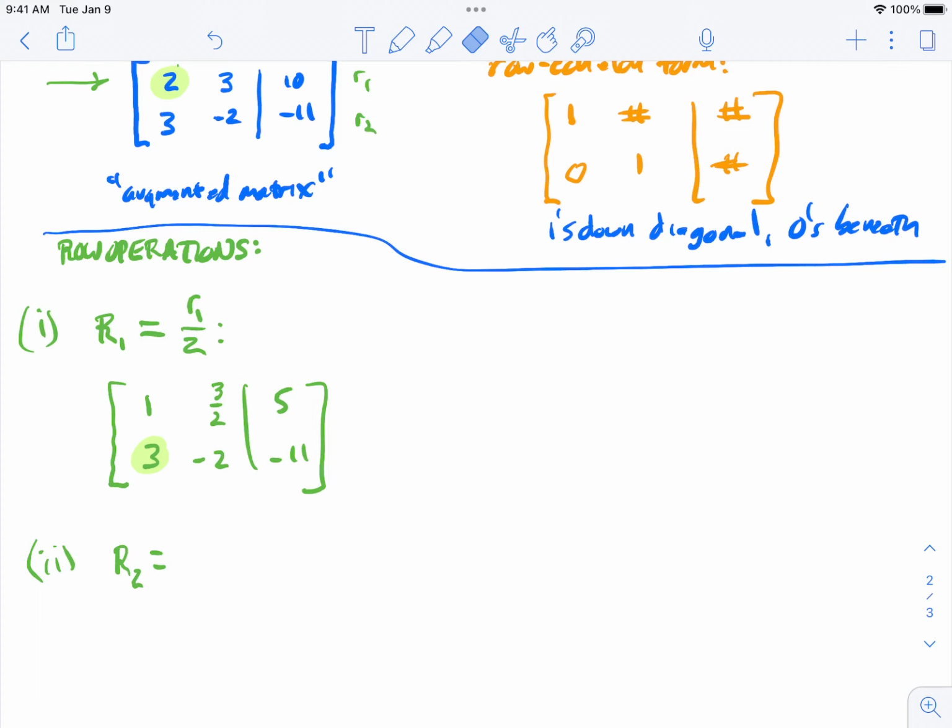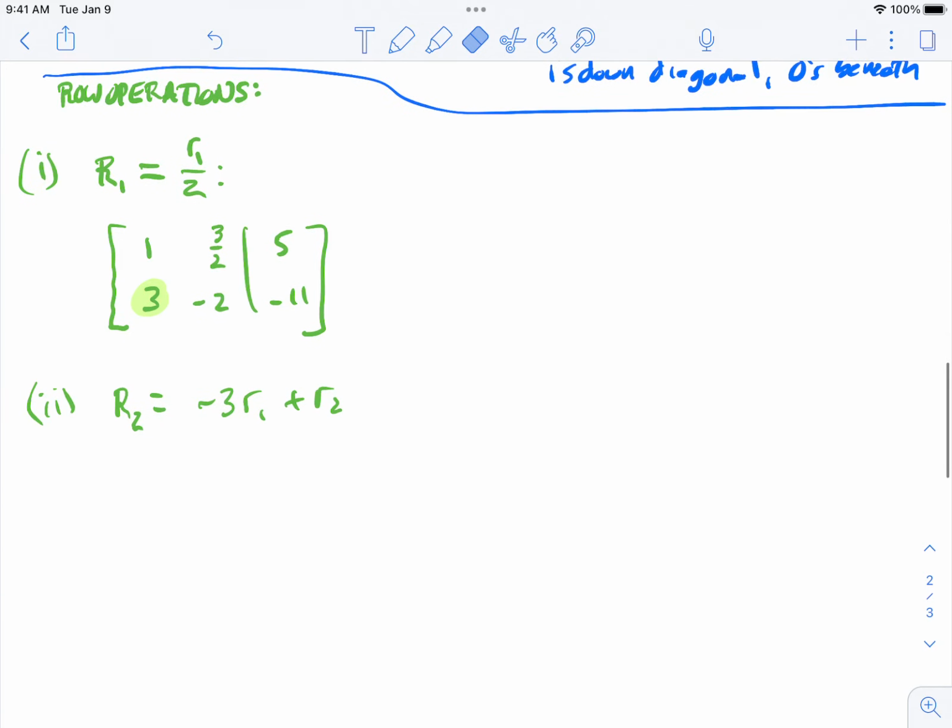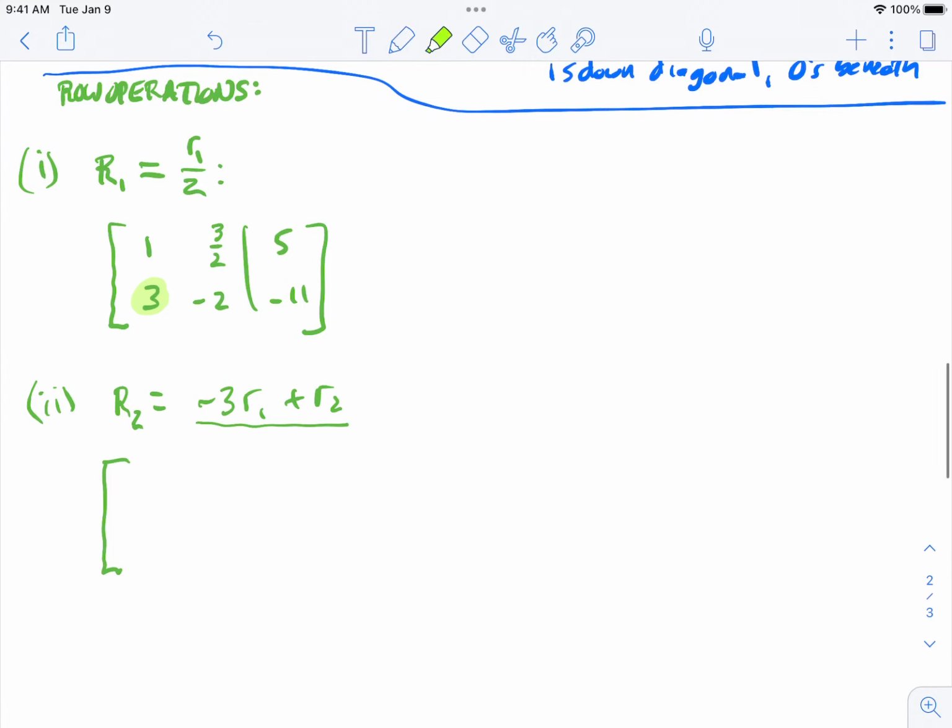I'm going to take -3 times row 1, which means equation 1, and add row 2 to it. That's our row operation. Now what you want to try to do is save yourself the effort of writing out the entire equations and just do this all the way across the row. What does that mean? Well, let's see.